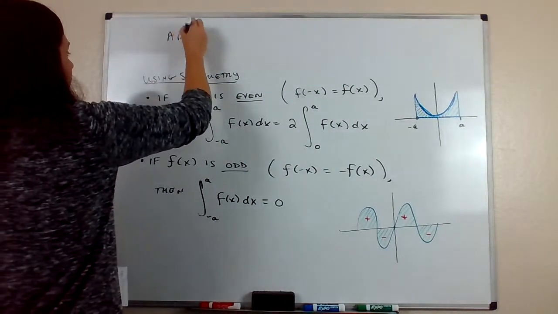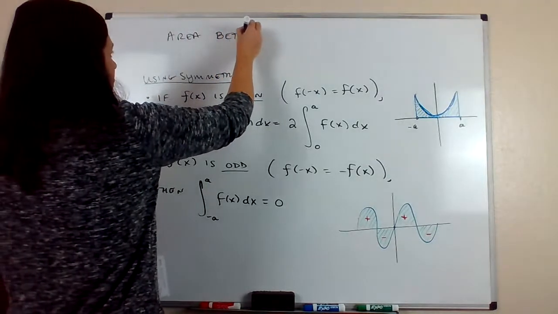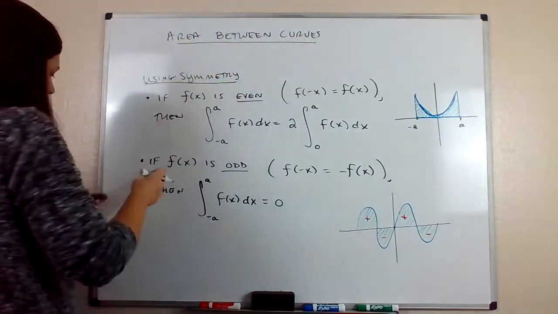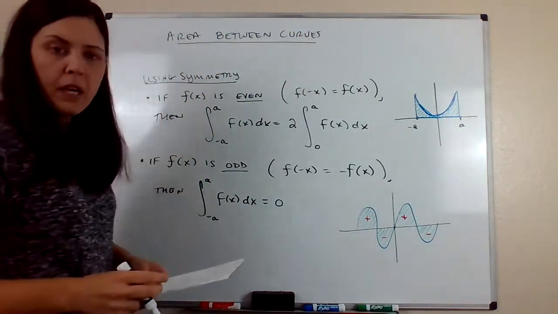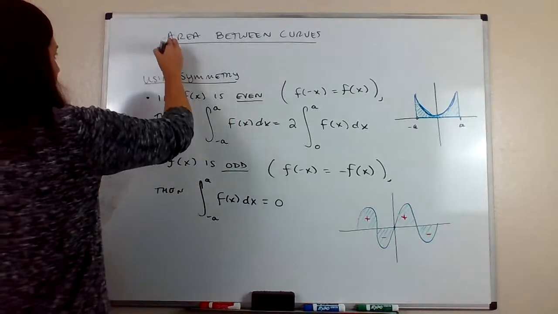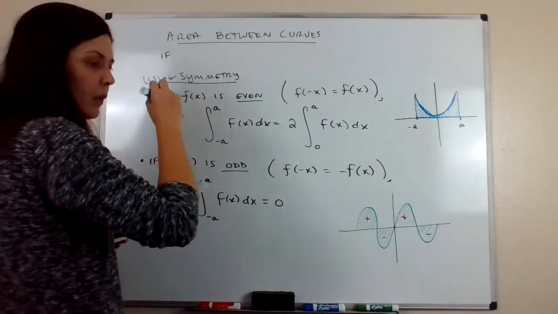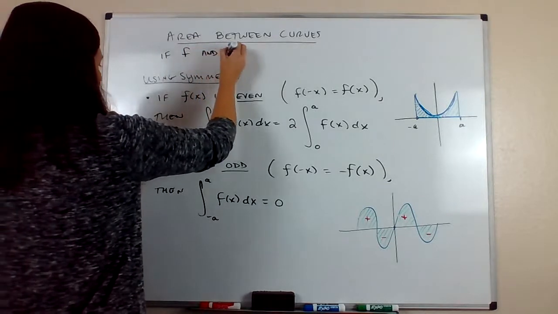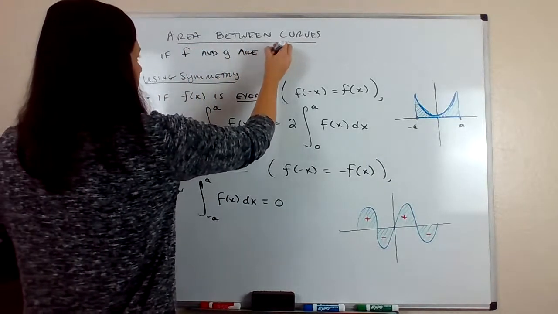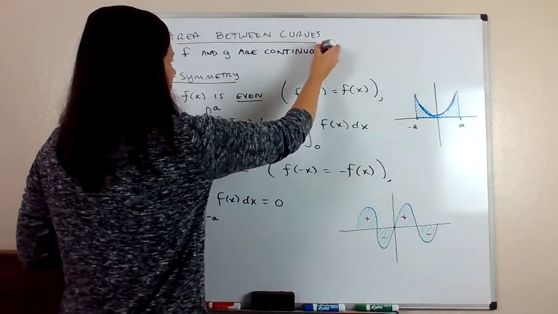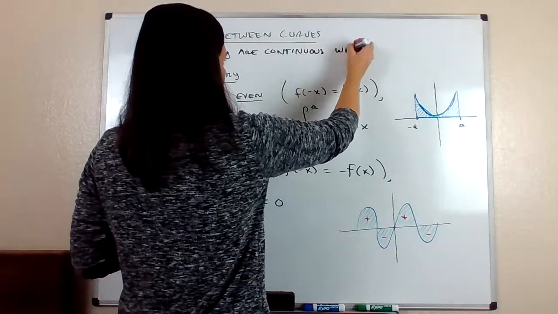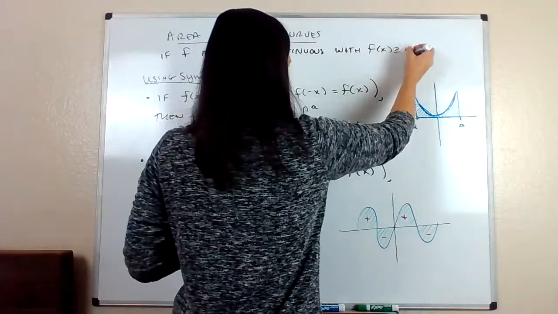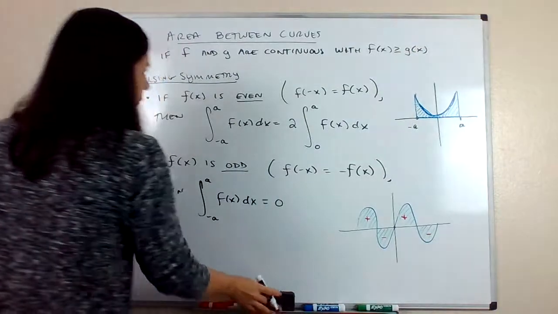Okay, so area between curves. All right, let me give you some fine print, just the background, and then we'll get into our integral. So if f and g are continuous, and f of x is always going to be greater than or equal to g of x.